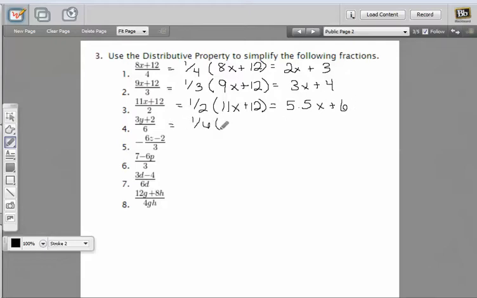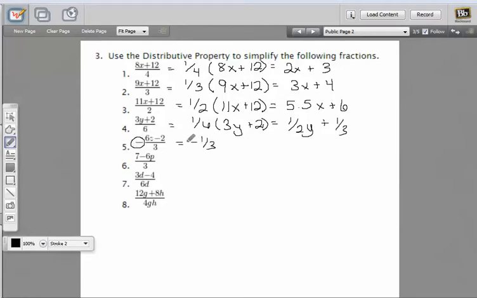4 can be written as 1/6 times 3y plus 2. So 1/6 times 3y, so 3 over 6 is 1/2. And 1/6 times 2, so 2 over 6 is 1/3. Notice for number 5, we have this negative sign here.